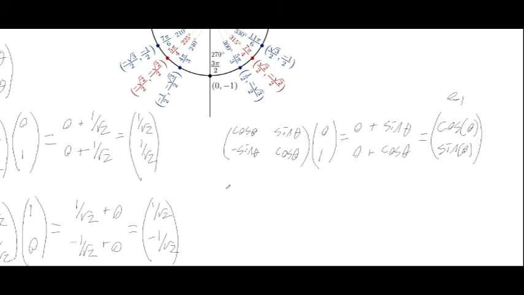And then if we do the same thing, so cosine theta, sine theta, negative sine theta, and cosine theta, and multiply that by 1, 0, so by our E2, then what we get is cosine times 1, which is cosine of theta, sine times 0, so plus 0, and we get negative sine times 1, so negative sine of theta, and then cosine times 0, so plus 0.